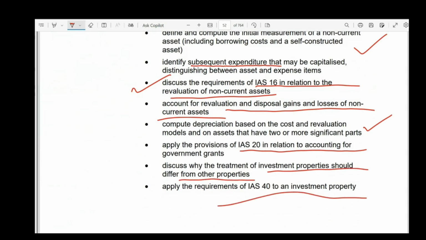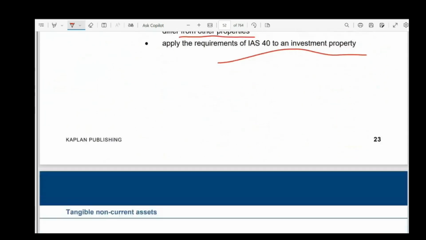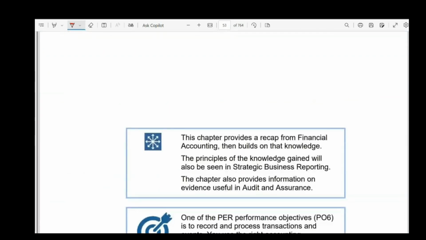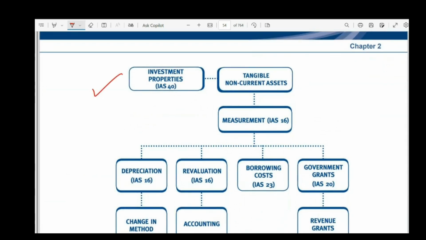We will discuss IAS 14, like agriculture things, in this chapter. After completing this chapter, you will be familiar with all these terms, like investment properties, IAS 14, and tangible non-current assets measurement, how it is measured, and how under IAS 16 you have to remember it comes under the non-current assets definition.